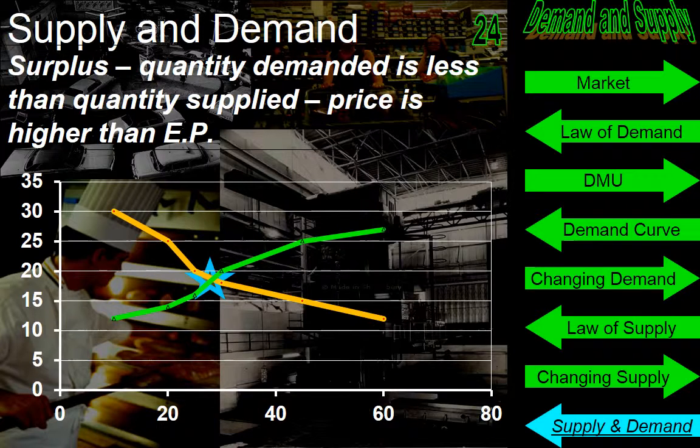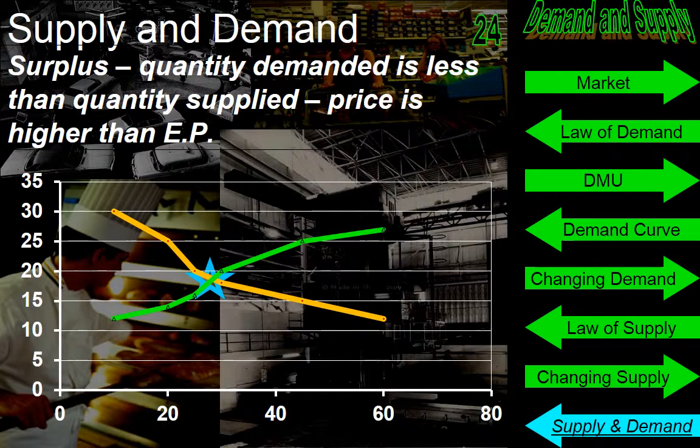Or on the supply side, if we found something cheaper, we'd be willing to make more at a particular sale price, and that would move the supply curve. So that's how we can affect shortages or surpluses by changing the circumstances, or we can simply change the price like we demonstrated here.